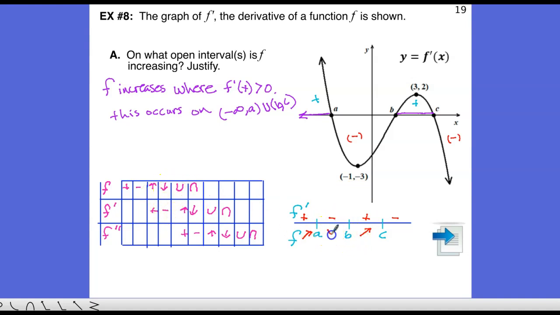So I'll put decreasing. Now I can see that a has to be a maximum for f because it's increasing to the left and decreasing to the right. c has to be a maximum for f. It's increasing to the left, decreasing to the right. b has to be a minimum. Decreasing to the left, increasing to the right. So let's write that up.